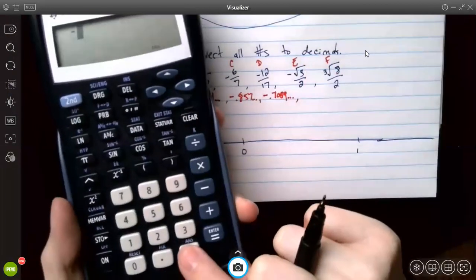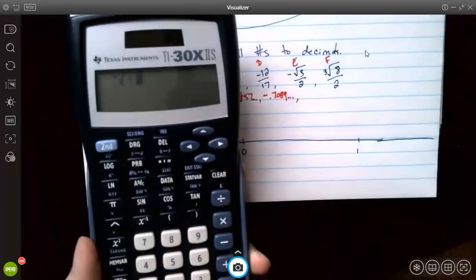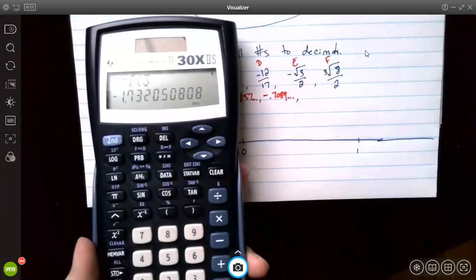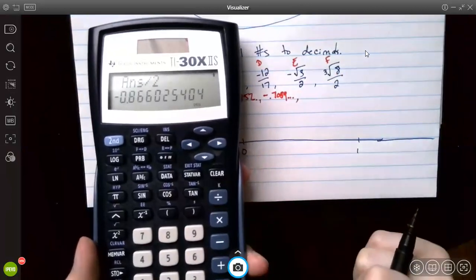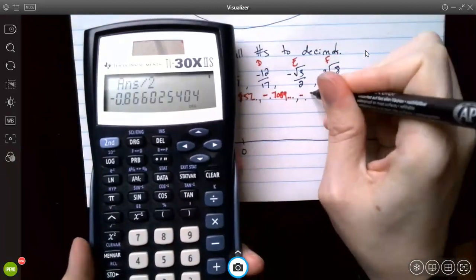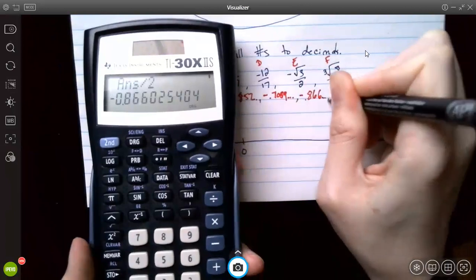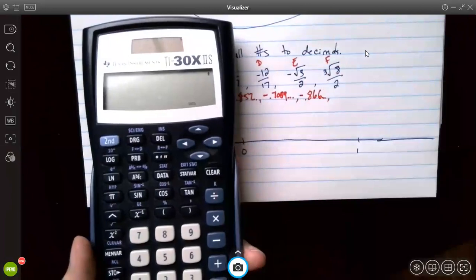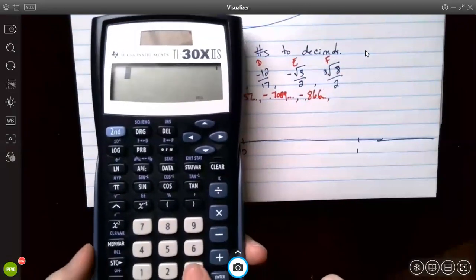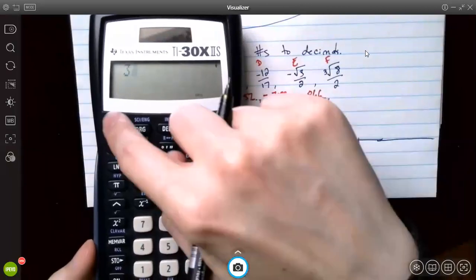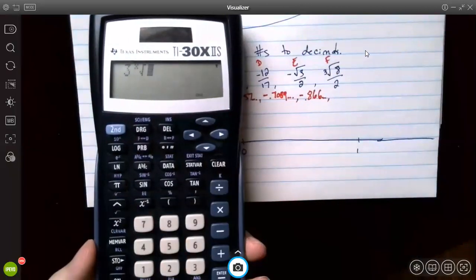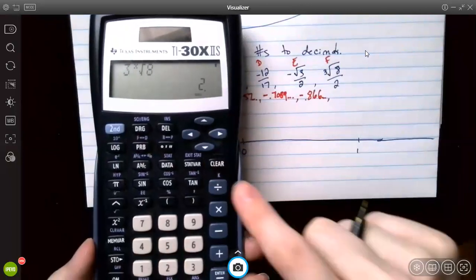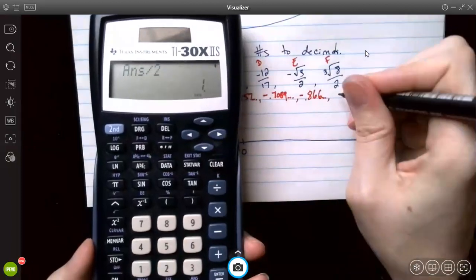So I'll hit my negative sign first, then my square root of 3, and then I'm going to divide by 2. You can do that all in one step if you'd like. So -0.866 and onwards. And then the last one is the cubed root of 8 divided by 2. So on my calculator, to do a cubed root, I hit the 3 first, then second to the power of button. That is my cubed root of 8, which is 2. And then if I divide by 2, I get 1.